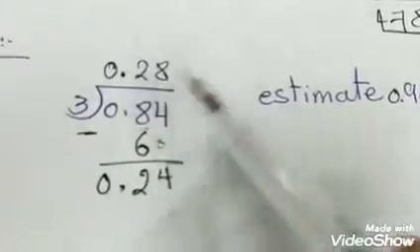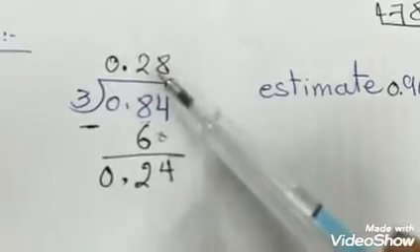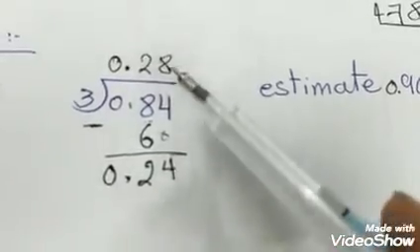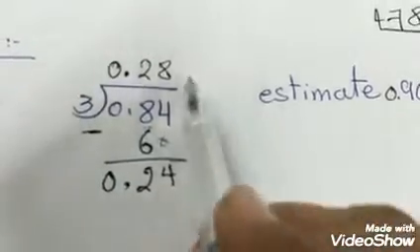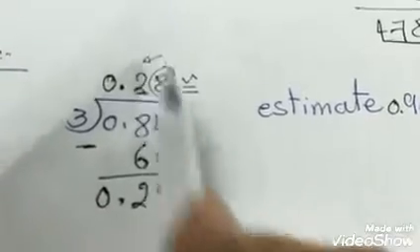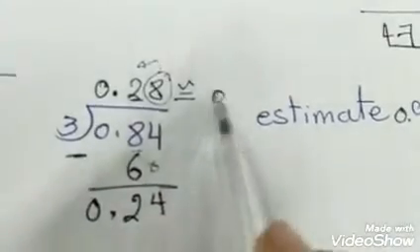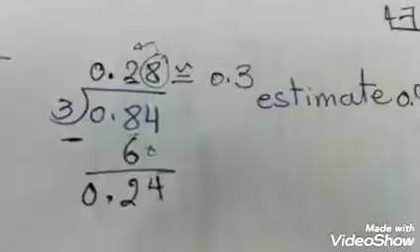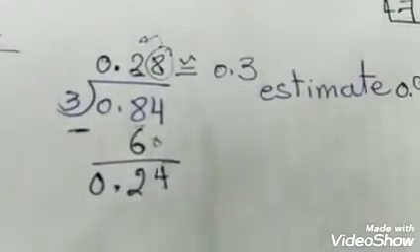So the quotient here equals 28 hundredths. If it's approximated to the nearest tenth, 8 is the rich number, so the 2 will be increased by 1, so it will be 0.3 if I round it to the nearest tenth.